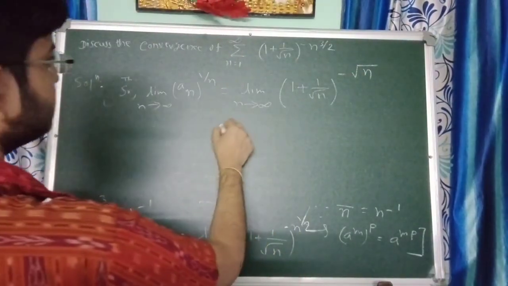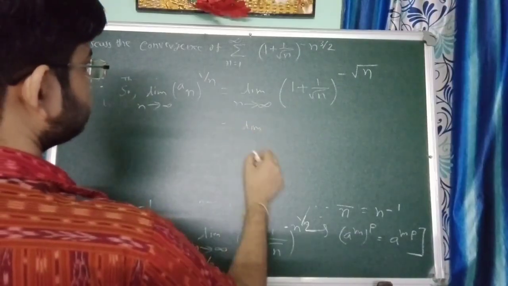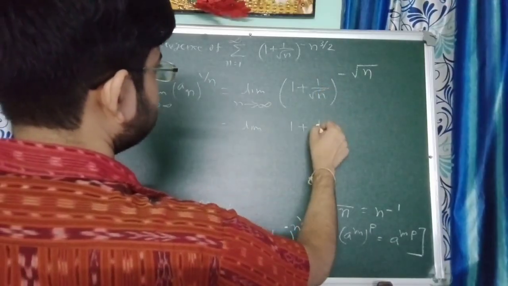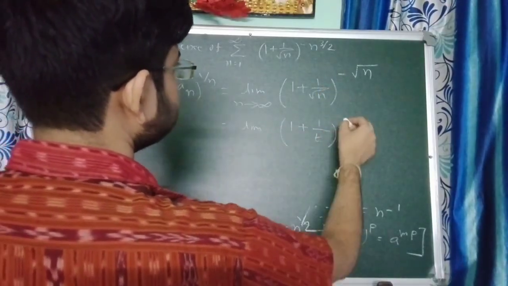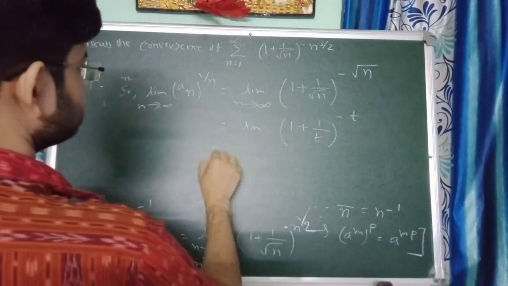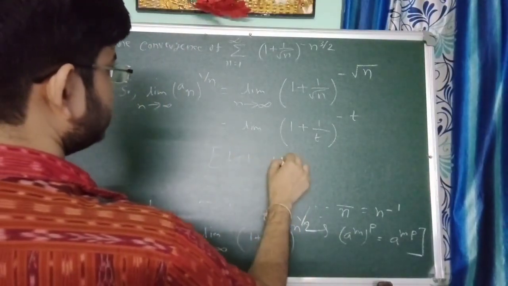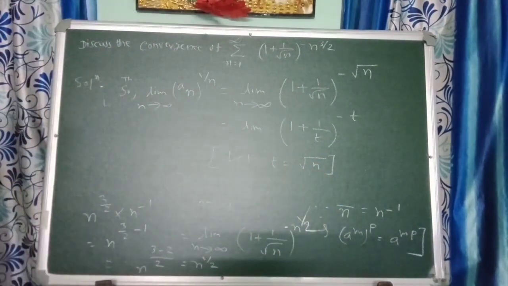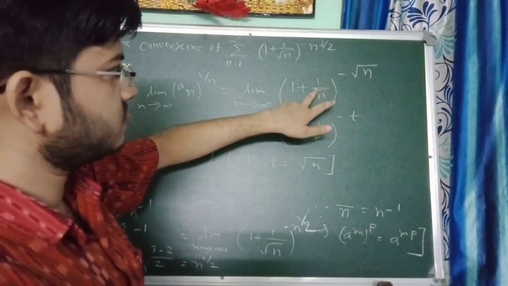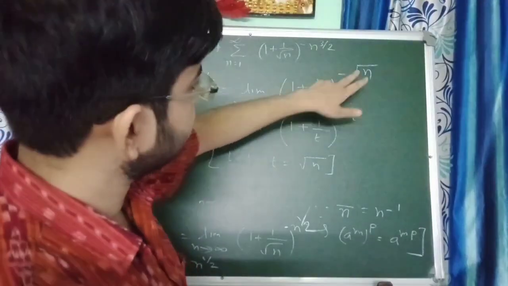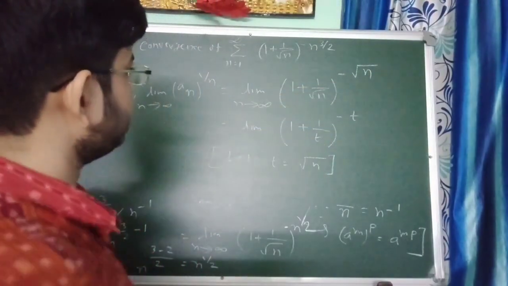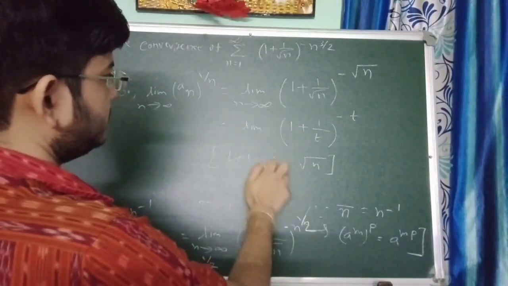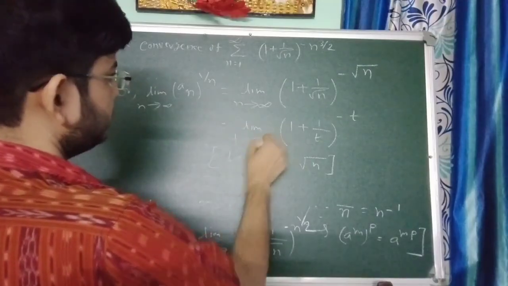Now we assume that root over n is t. Let t equals root over n. So replace root over n by t here also, and here also. Since n tending to infinity, t also tends to infinity.